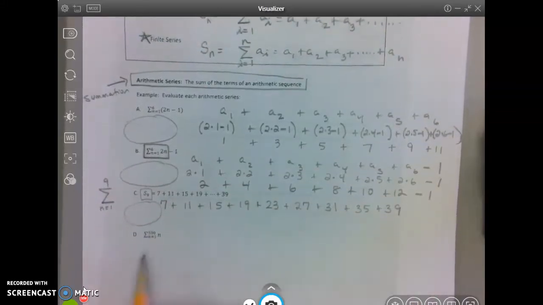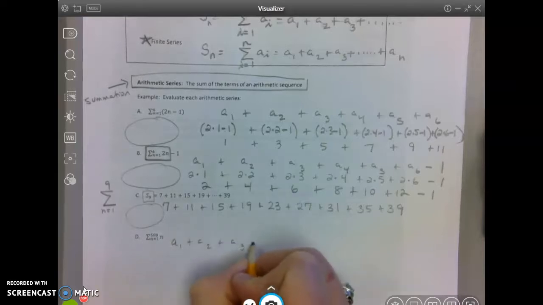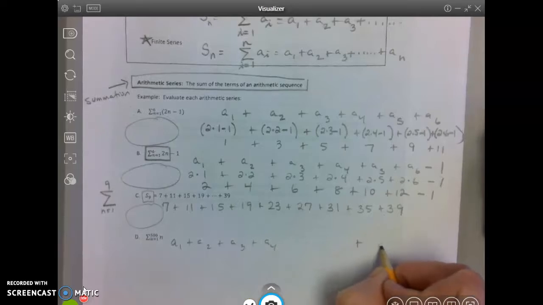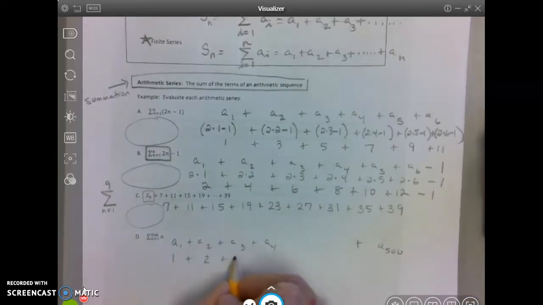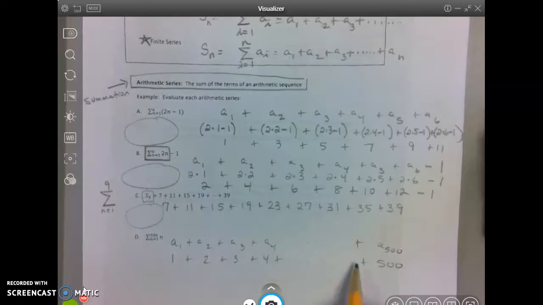All right, so now let's come down to this one. This one says add up the first 500 terms, and it's just n. N is the formula for the sequence. So that would be a sub 1 plus a sub 2 plus a sub 3 plus a sub 4 all the way to a sub 500. That's going to be 1 plus 2 plus 3 plus 4 plus all those numbers plus 500. But I've got to add all these numbers here.